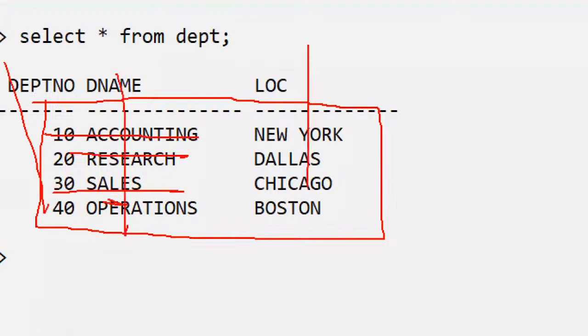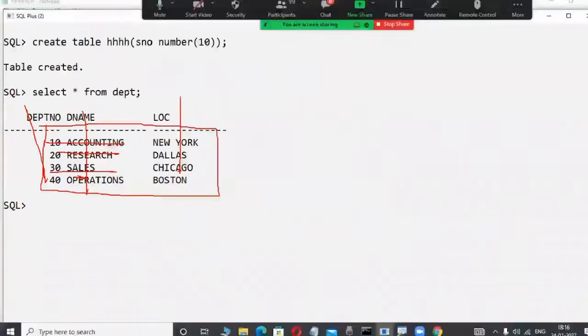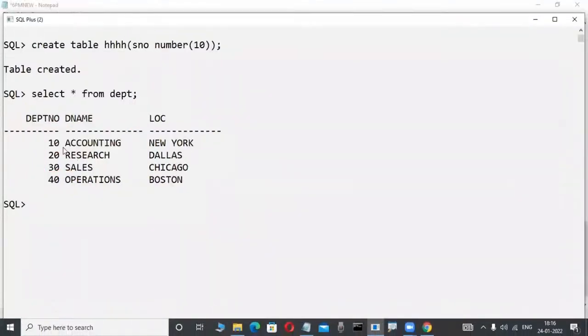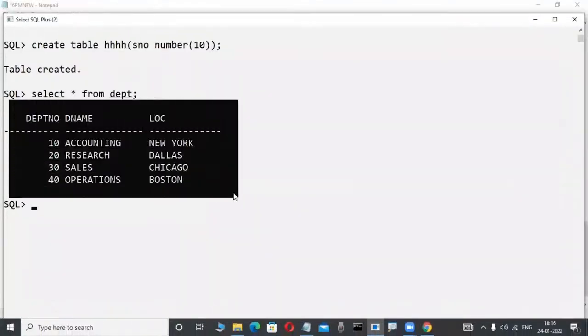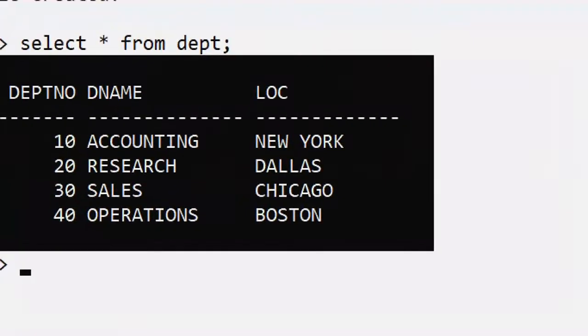That's why this is a data model: how data is represented at a logical structure. From 1970 onwards, data is represented at a logical structure in the relational data model. Relational data model means data is represented in the format of a matrix.